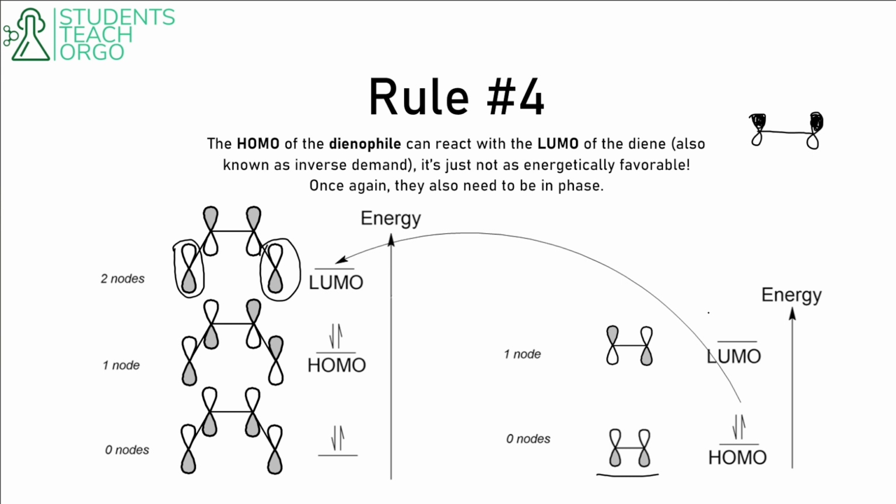It really doesn't matter. In this case it would react because you have black down here and black up here, so you would get the reaction. It's important to know that with Diels-Alder and molecular orbitals, it would occur in an inverse demand situation. It's just unlikely to happen because it's less energetically favorable.